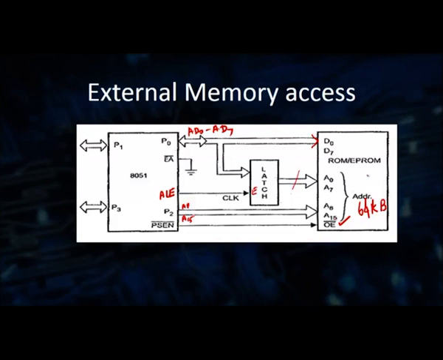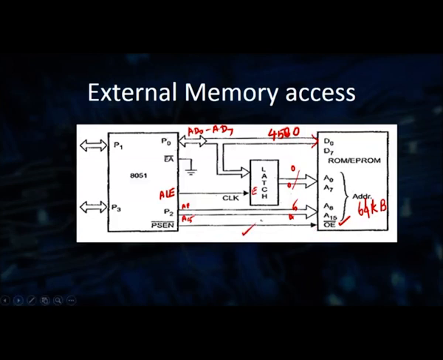Suppose you want to read data: first specify the address. Suppose I want to read the data 48 from the location 4500; first you have to give the address 4500. So, 4500 means automatically the lower address 00 will be loaded in A0 to A7, and 45 in the higher address lines. So, the address is loaded.